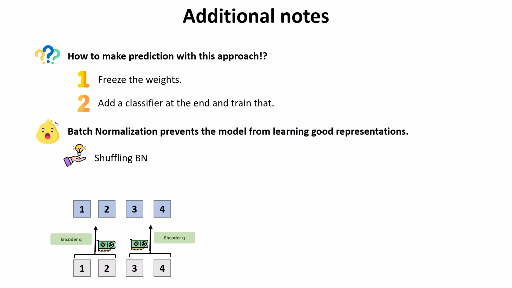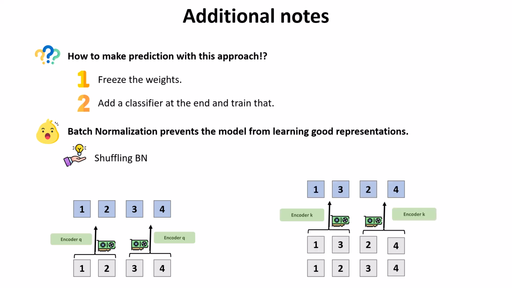But just to make this different for our encoder key, we can apply some shuffling and then pass them to 2 different GPUs. And when we look at this now, instead of image 1 and 2 sharing some statistics, now image 1 and 3 are sharing some statistics. And likewise, instead of 3 and 4, now 2 and 4 are sharing some statistics. And since for the query and key these are now different, it should mitigate the issue that we have.